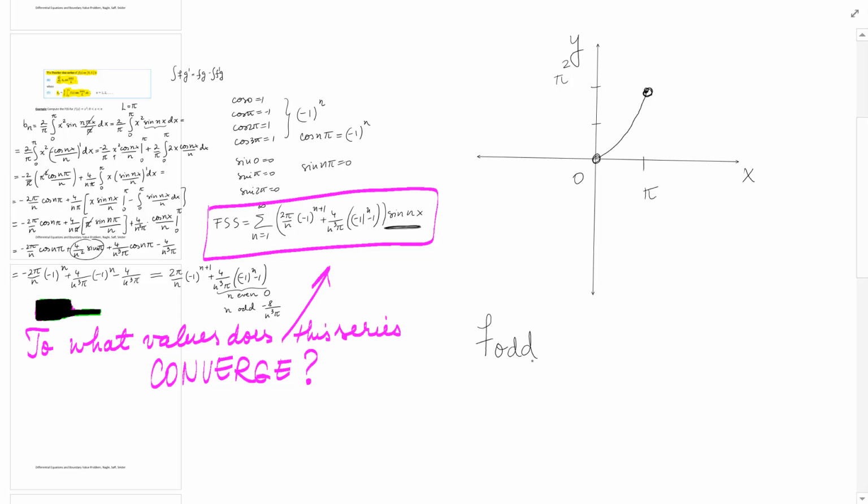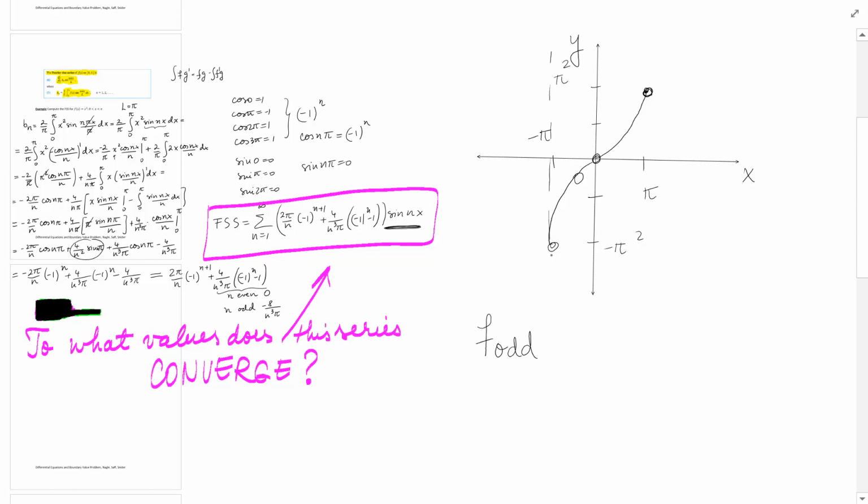Odd extension means to have a graph that is symmetrical with respect to the origin. So this would be negative pi here and then negative pi squared. So this would be the point where we go symmetrically from the origin. So now we extended our function on the negative side.